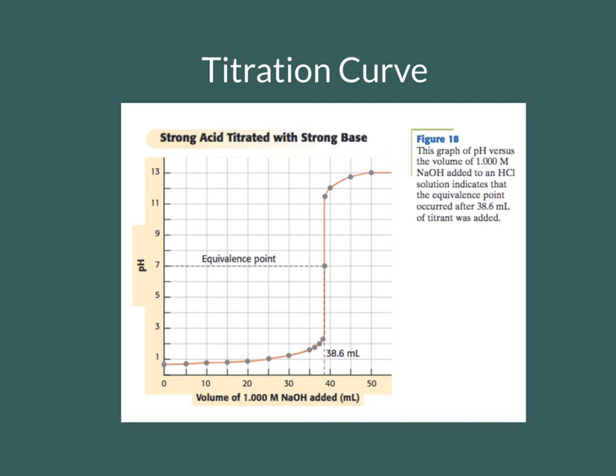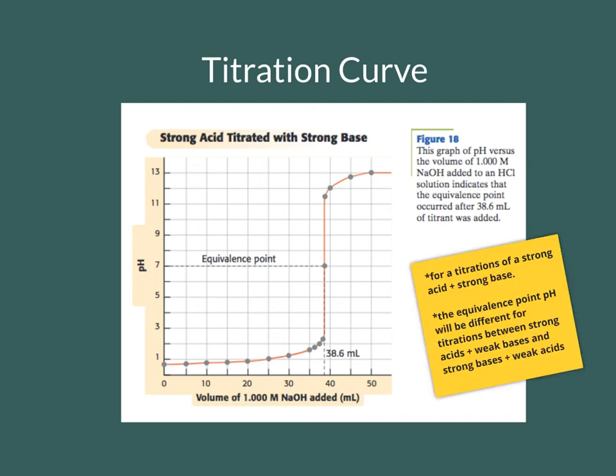So on this graph, it's very easy to see that the equivalence point was reached at a volume of 38.6 milliliters of titrant. And remember, when trying to identify the equivalence point, you are looking for the titrant volume at which a pH of 7 was reached.